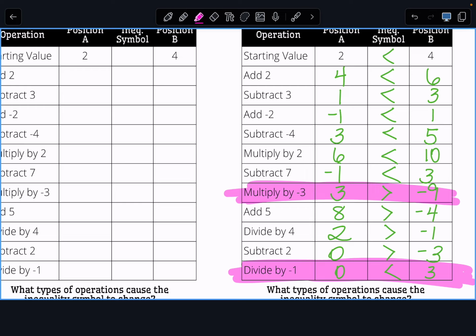So like oh, because here I divided, here I multiplied, right? So Ellie and Landon are telling me that our sign flips if we multiply or divide by a negative. Do you agree with their observation?